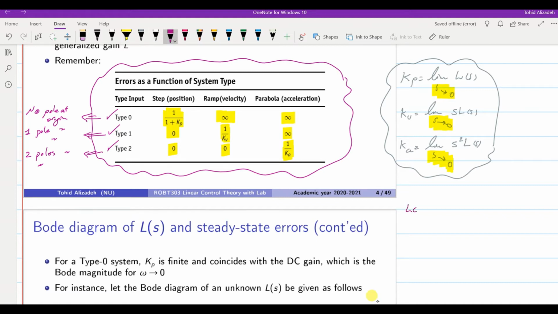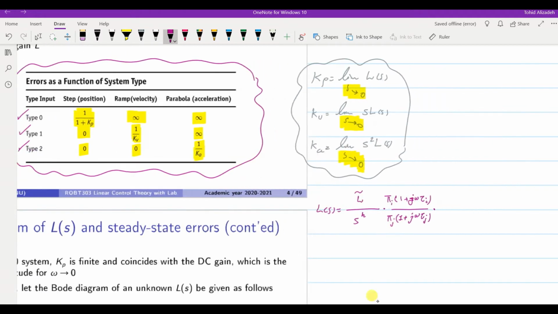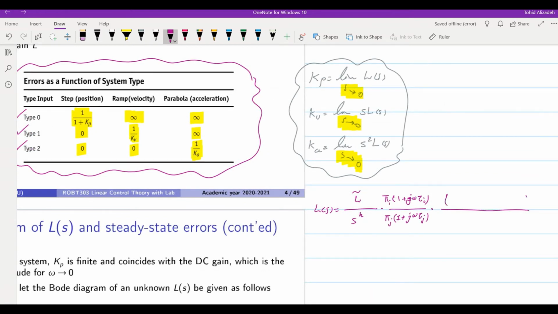For L of S, in general, we will consider it in the Bode form. So we will have L tilde, which is the generalized gain, over S to the power of h, where h determines the type of the system, times first order zeros, 1 plus j omega tau i, over first order poles 1 plus j omega tau j, times second order zeros and poles.